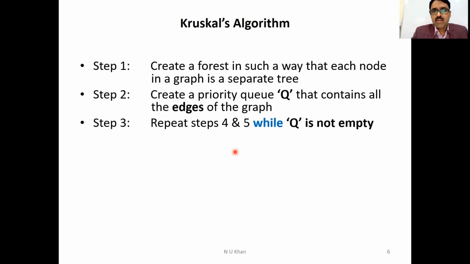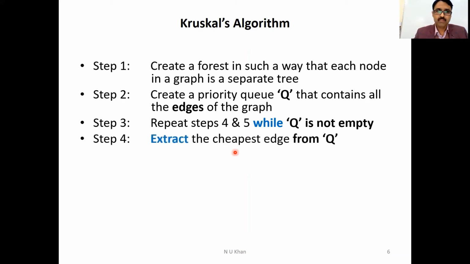So in step number 3, we will repeat the next steps 4 and 5 while the priority queue is not empty. Now within this loop, first we will extract the cheapest edge from the priority queue. जो भी सबसे minimum weight की priority queue में से जो minimum weight का edge है उसको हम वहां से remove करेंगे.